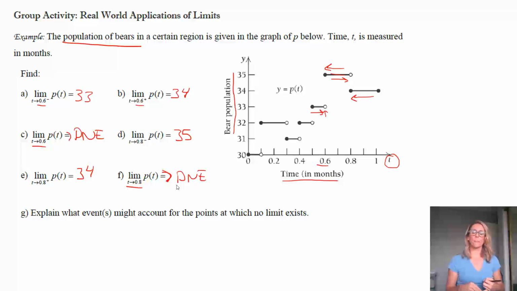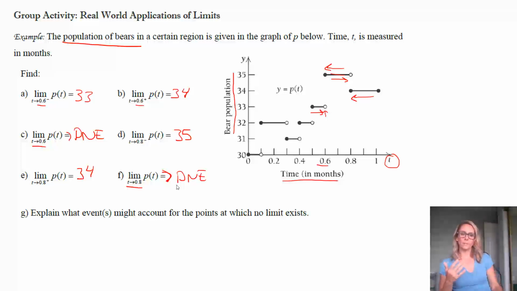For part G, where it says explain what events might account for the points at which no limit exists, we really want to think about the fact that this is what's called a step function, because it has these jumps in it. There's a value and then the next value is really low or high, depending on how much it's going up or down.